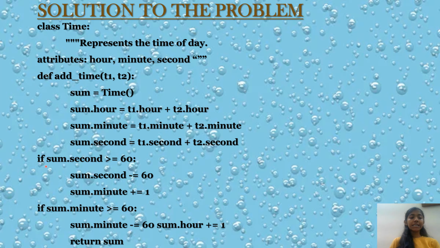Now we use a condition: if sum.second is greater than or equal to 60, then sum.second should be equal to sum.second minus 60 and sum.minute equals sum.minute plus 1. Another condition: if sum.minute is greater than or equal to 60, then sum.minute equals sum.minute minus 60 and sum.hour equals sum.hour plus 1. Now calling the return statement to return the sum.